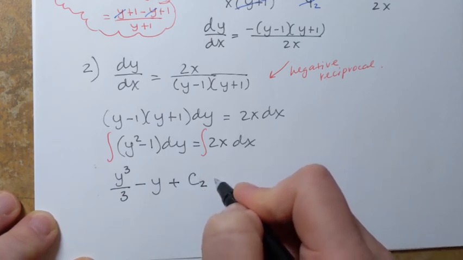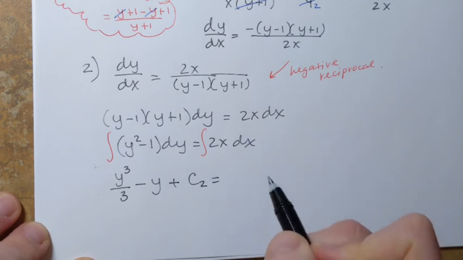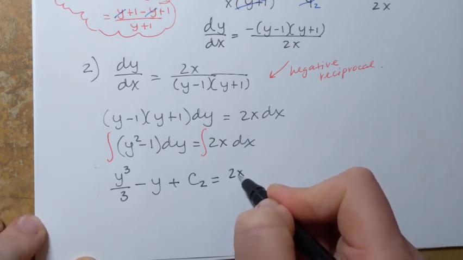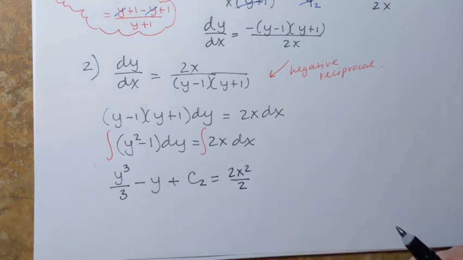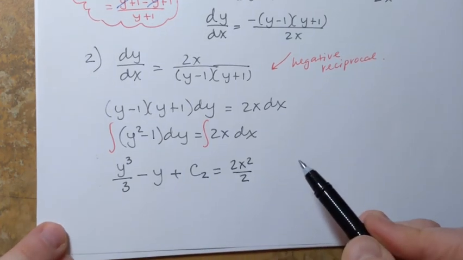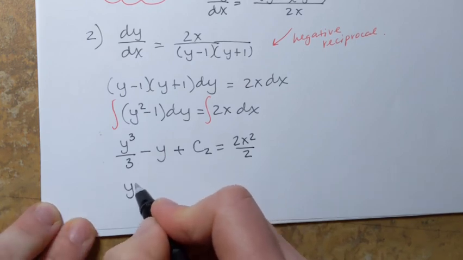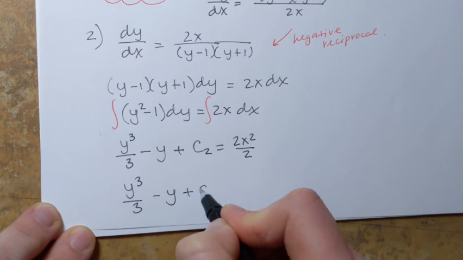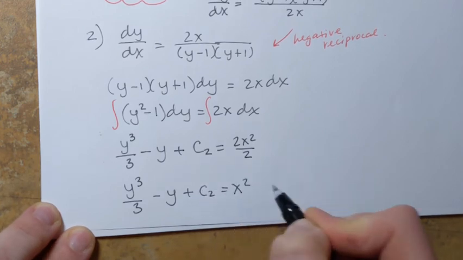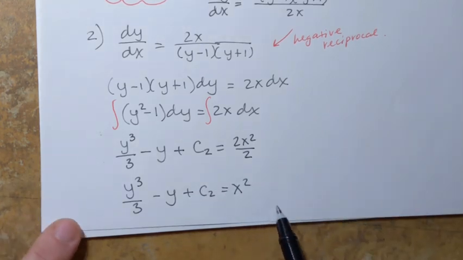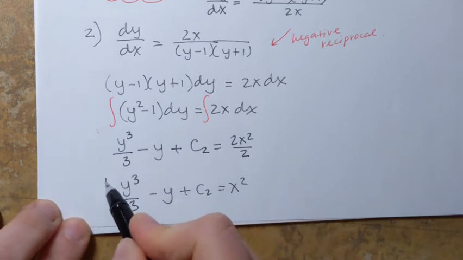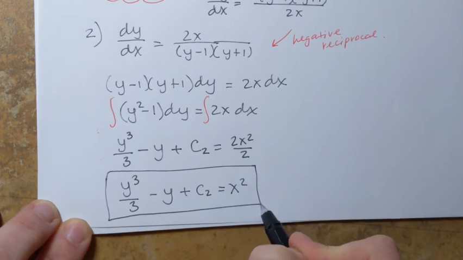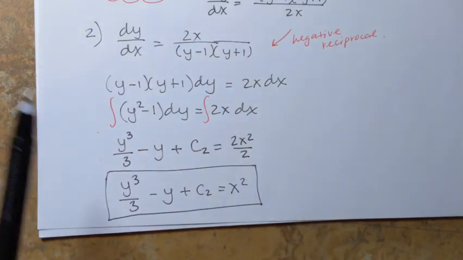I'm using c2 since our original family had c1. The right-hand side is 2x squared over 2, which we can simplify, so I'm going to rewrite it: y cubed over 3 minus y plus c2 equals x squared. We can keep it like that, or put all terms on one side, but either way, that's going to represent the orthogonal trajectories.